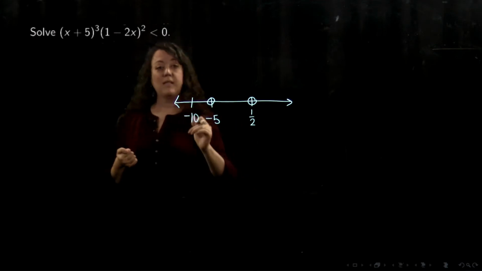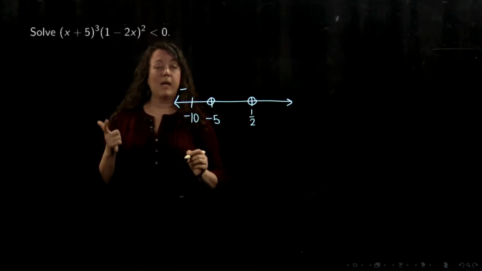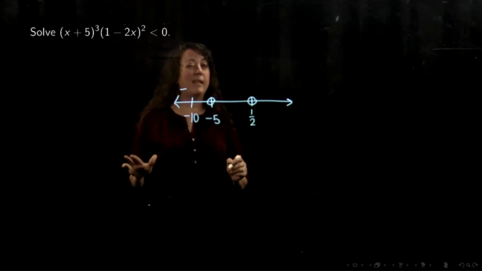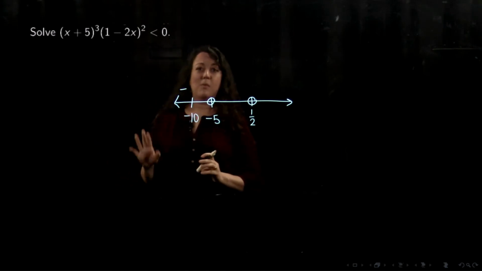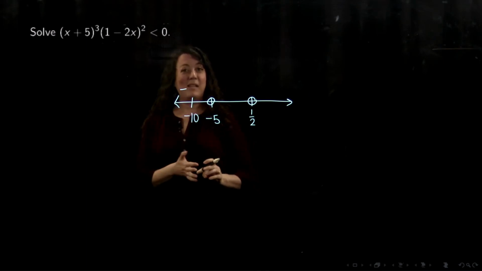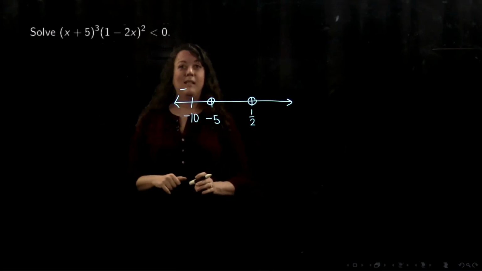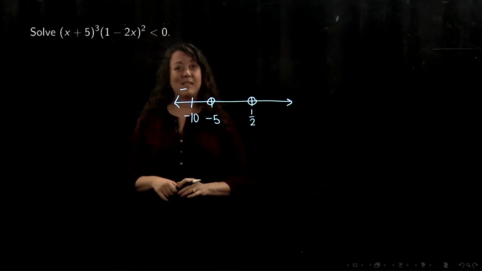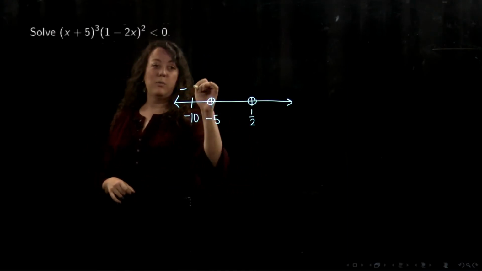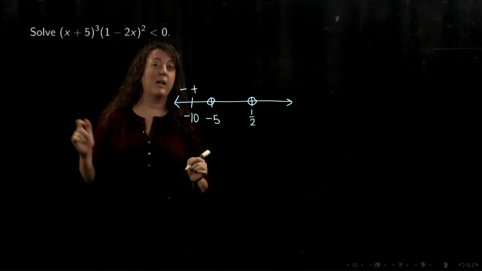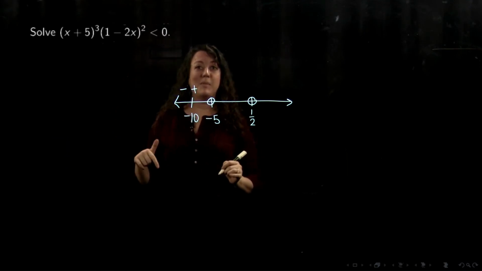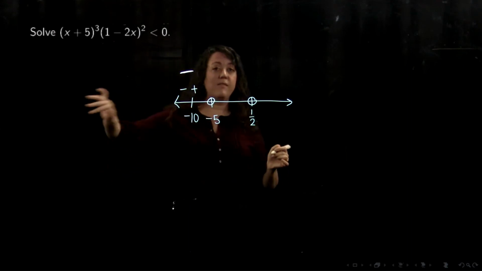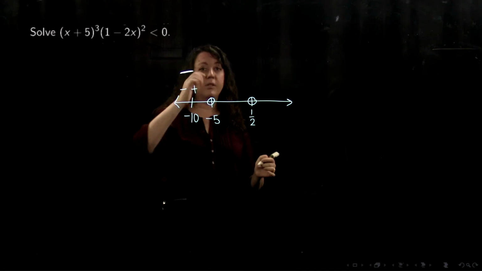Negative 10 plus 5 is a negative number. 1 minus 2 times negative 10 is going to be 1 plus 20, which is a positive number. All right, so we got a negative number times a positive number. That's a negative number. So from negative 5 to negative infinity, my graph is below 0.